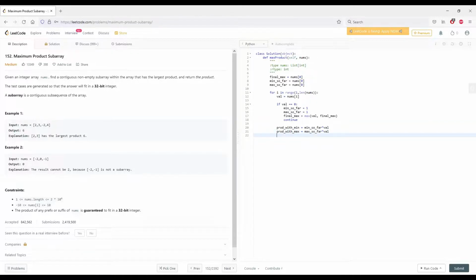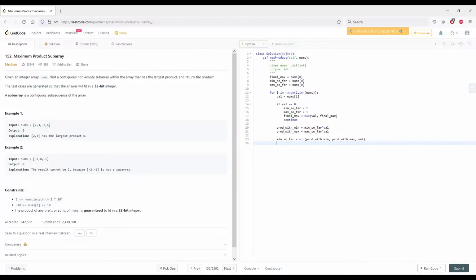So then I just calculated these, the products of min so far times val and max so far times val. And now what I'm going to do is reassign min so far to be the minimum of prod with min, prod with max, and val itself, because val could always be smaller than these two.